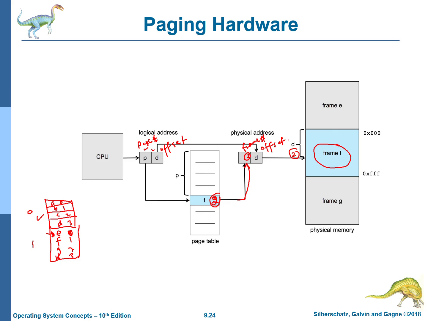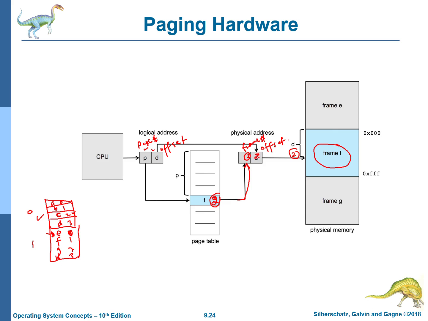For example, this is the page we are trying to see. Suppose we want to access the second data, C. This is the offset. Now this offset is appended to the frame number: 2 and 2.